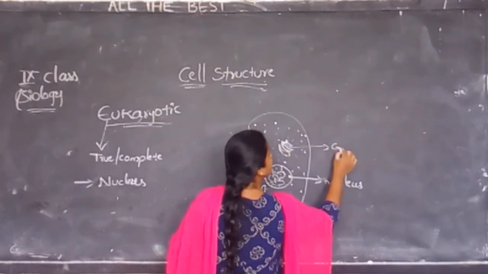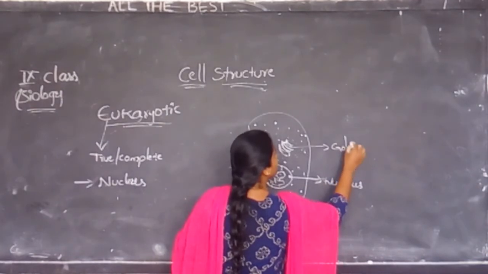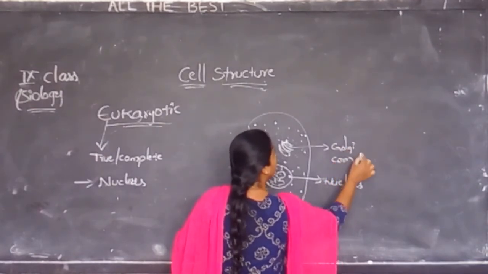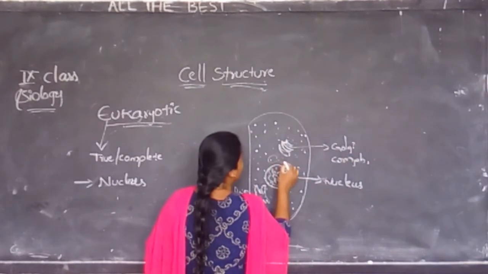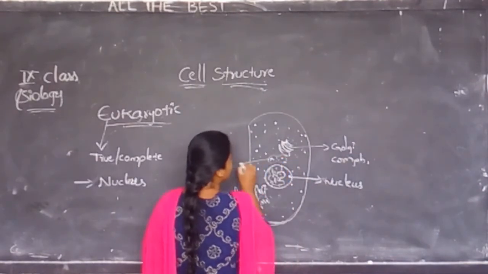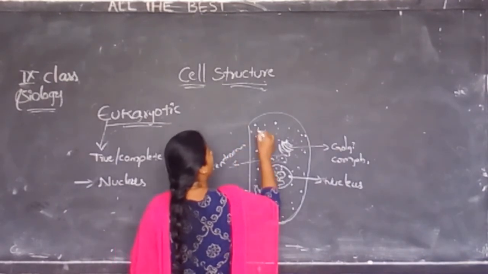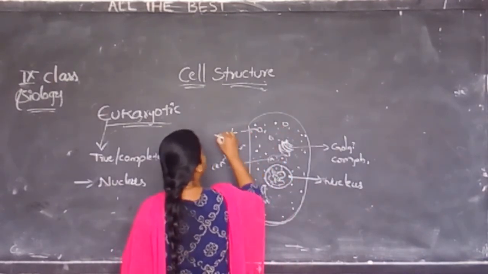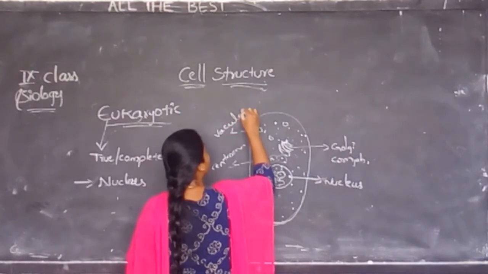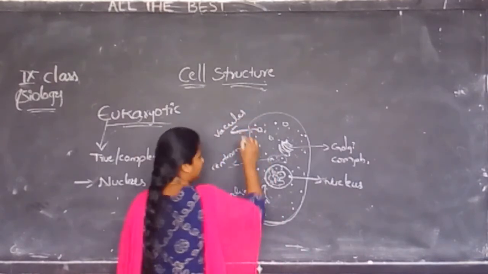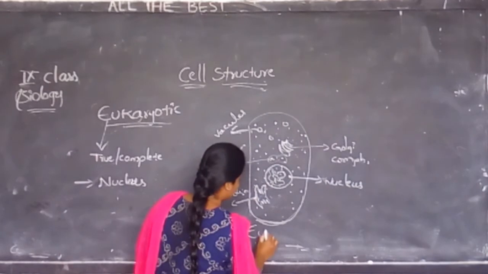This is Golgi complex. This one is centromere. Okay, this is a eukaryotic cell.